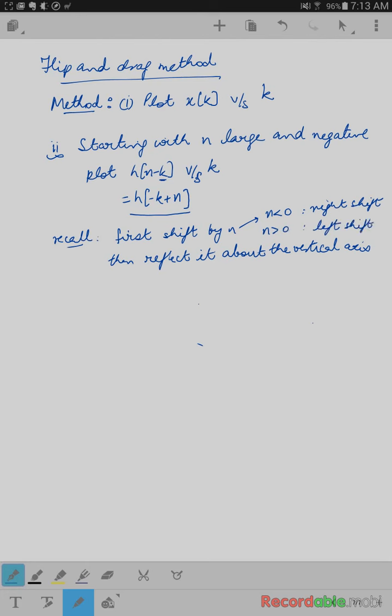Okay, so the final step, and this is just something to remember, is that for this n, you compute y of n, which is as before the summation x of k h of n minus k.